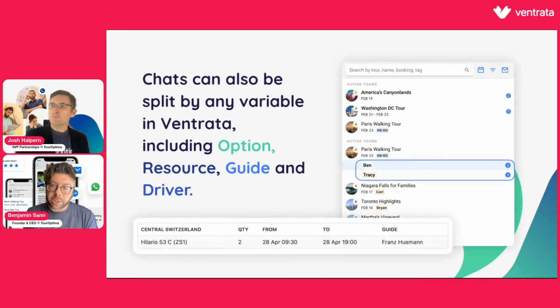So options, resources, guides, drivers can all be split out to allow notifications and communications to specific customers, a VIP customer, everyone on the Spanish version of the experience, everyone with Mary, the tour guide. We can vary it up based on how you organize your business on an experience by experience, product by product level.